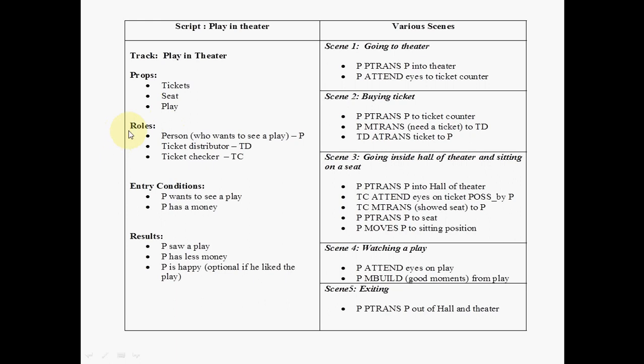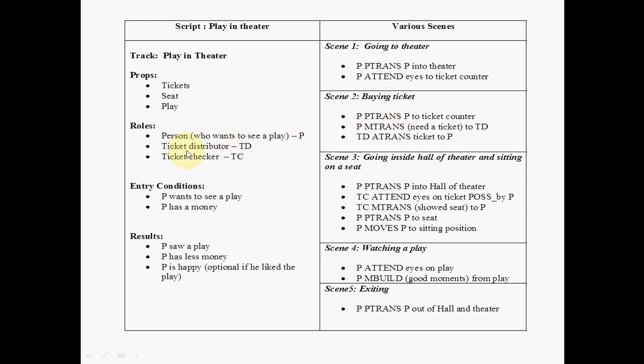Now roles. Who are the roles in the theater? Who are the people who are involved in the theater? One, the person who wants to see a play, P. I am using the variable name P for the person who wants to see the play. In our case, it was John who wanted to go to the theater to watch the play. Wherever P is referred to later on, you should understand that P is the person who has gone to the theater to watch the play.